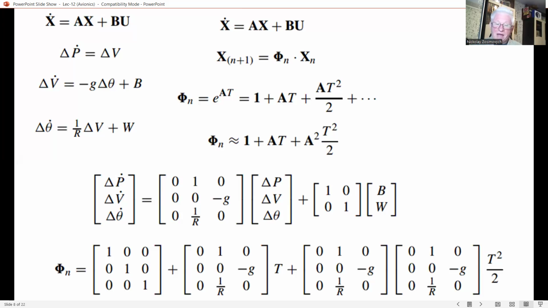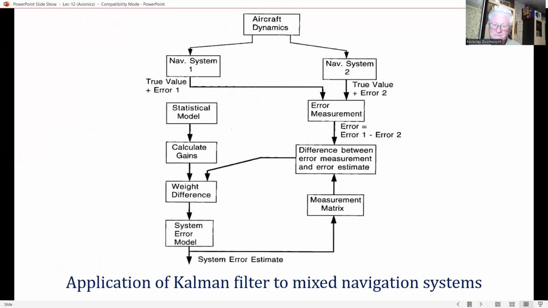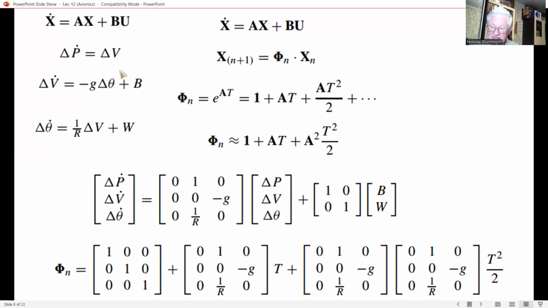The state equations for the error in one axis of an INS system are derived below as an example. Referring to the simplified block diagram, I just for a second show you the previous one. Yes, the position error here is delta P. The velocity error is delta V. And the tilt error is delta theta.